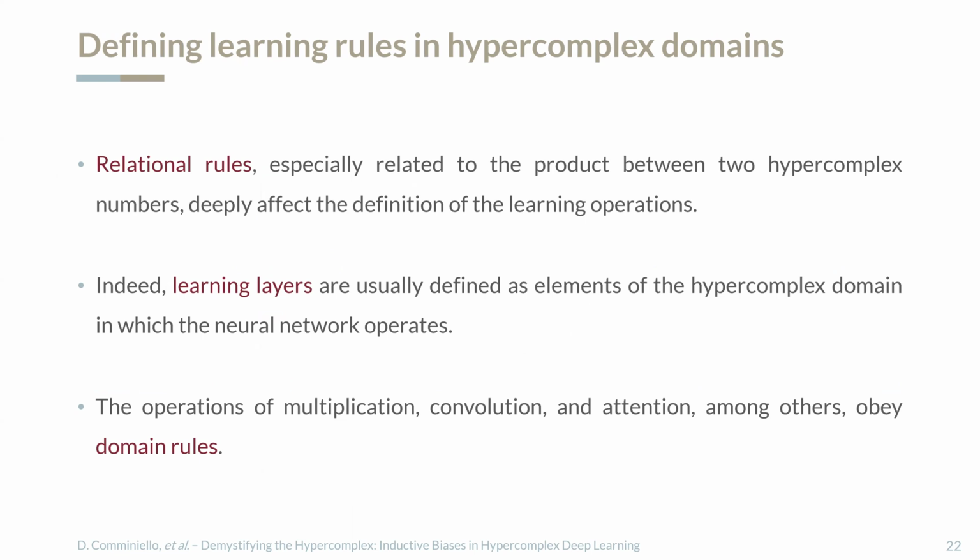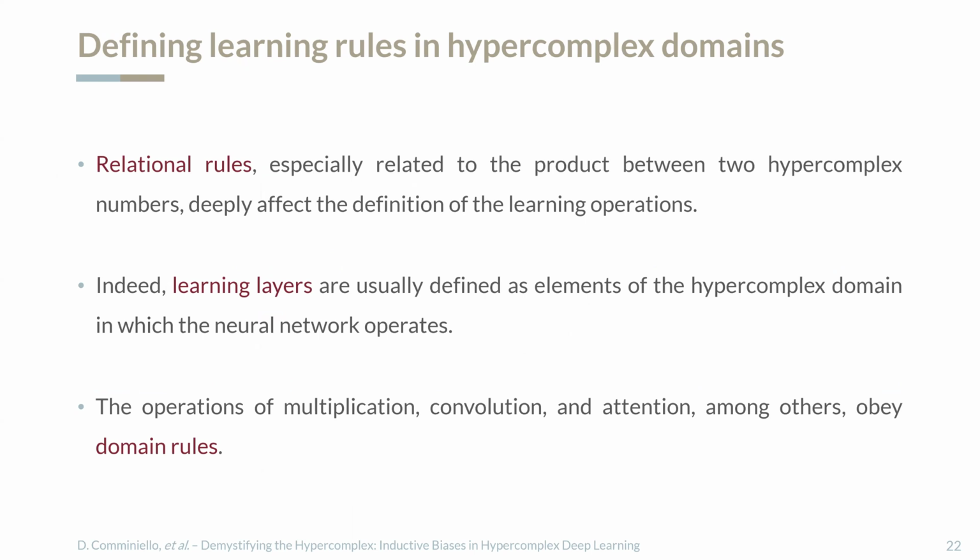Let's see how to define learning rules in the hypercomplex domain. We may have relational rules, especially related to the product between two hypercomplex numbers. These relational rules can affect the definition of the learning operation.